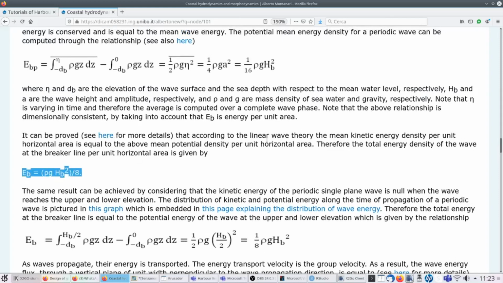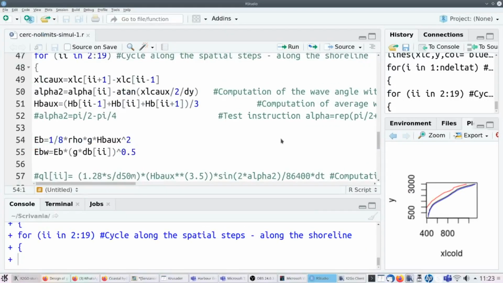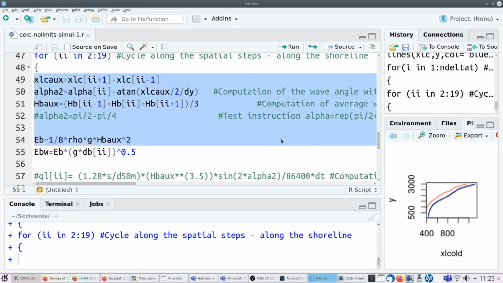For instance, this is a possibility. So it's square wave height times rho g divided by 8. Let me go back to the script, and you see that it is precisely what is written here. And then there is a subsequent computation. I think we need to execute these instructions.